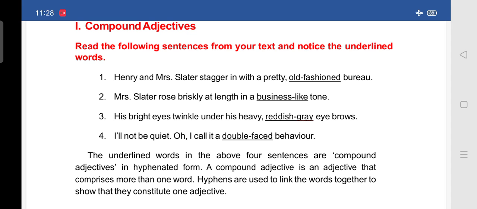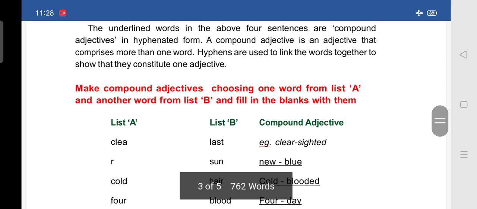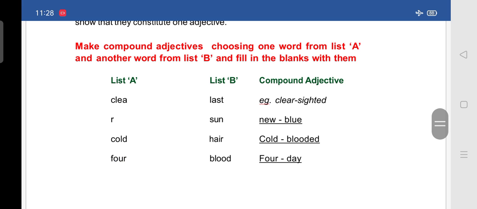Hyphens are used to link the words together to show that they constitute one adjective. Make compound adjectives choosing one word from list A and another word from list B and fill in the blanks with them. Here they have given list A and list B. Using those words we have to find a compound adjective.